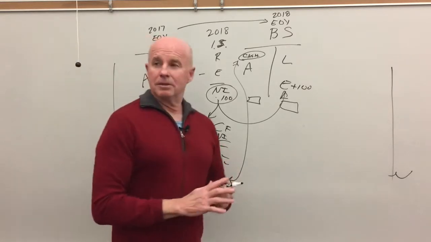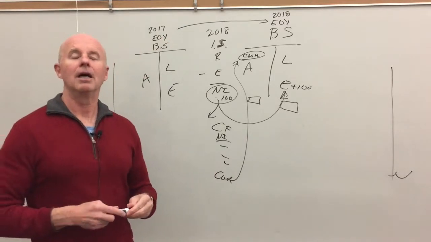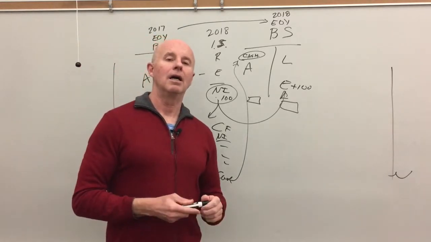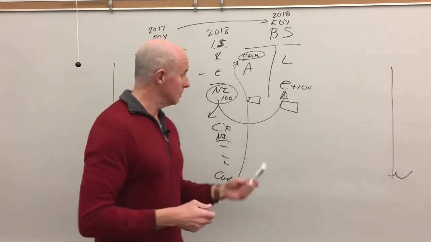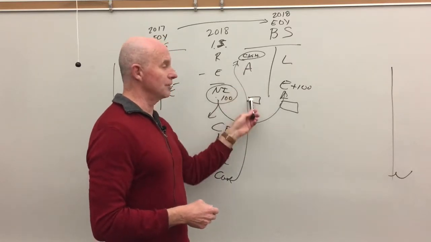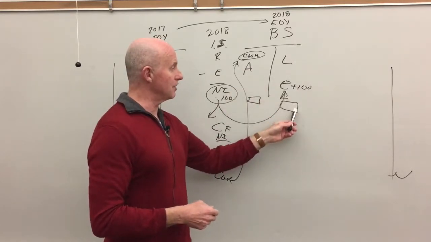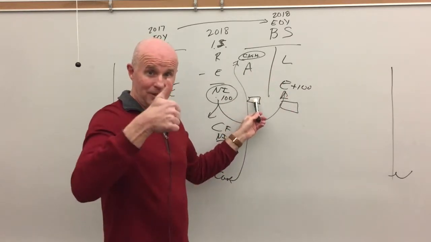Does that make sense? When you add the equity plus the 100, that changes your assets. This number will be bigger, and then the cash will balance out. It's going to change this side by $100, and this side has to change by $100 too.